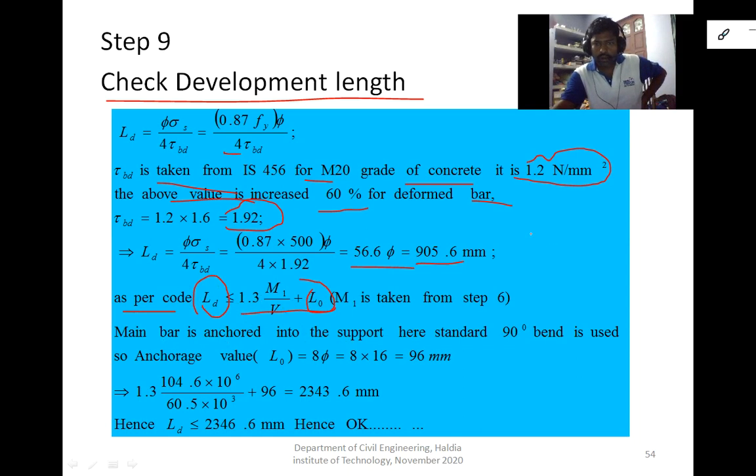Here standard 90-degree bends are used, so the anchorage value is 8 phi, which means 96 mm. So this expression value is 2343.6 mm, and the development length is less than or equal to this value. So as per code, hence it is okay.